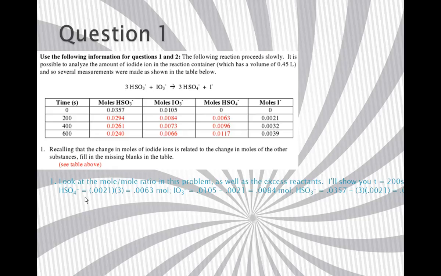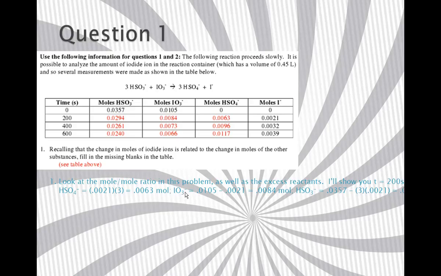So the math you can see for HSO3 minus is 0.0021, which is the moles at time t equals 20, times 3 equals 0.0063 moles, because it's a 3-to-1 mole-to-mole ratio.